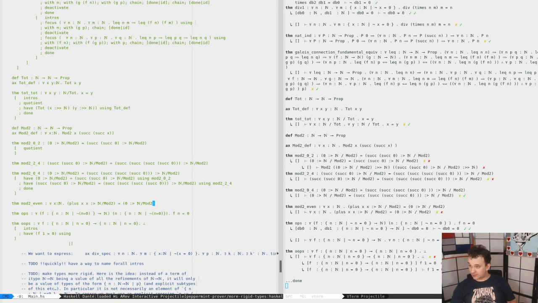Because if we simplify this to the last one, we'll still have 0 coerced to n equals 2 coerced to n. And here we have to realize that coercing to n is really doing nothing.